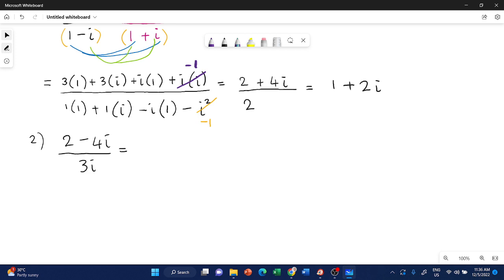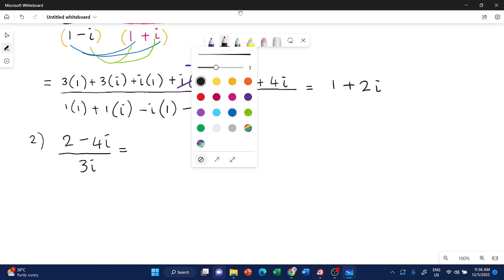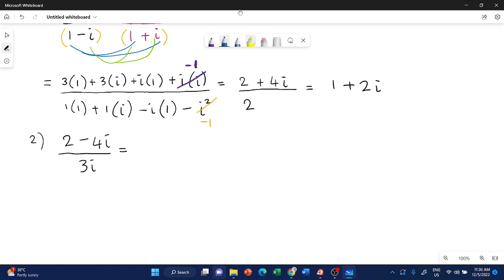Okay, let's discuss how to do this question number 2. So, do you think how to do this question? Any idea?